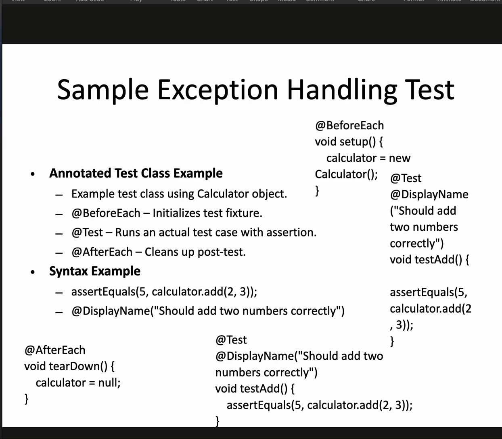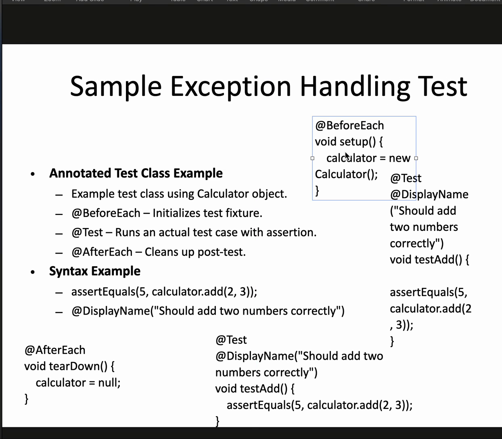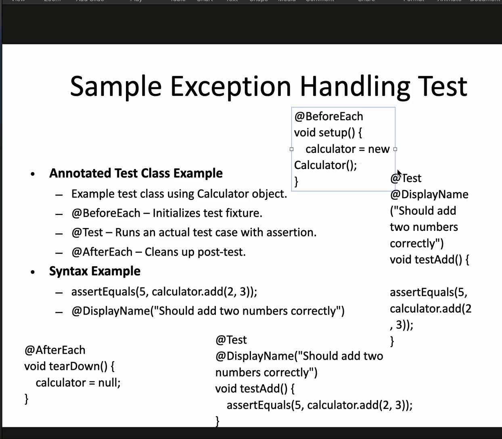This ensures we're working with a clean instance every time. Next is the test itself. We mark it with @Test and we use an assertion to check if the results are correct. We also include @DisplayName so the test shows a helpful message in the report.